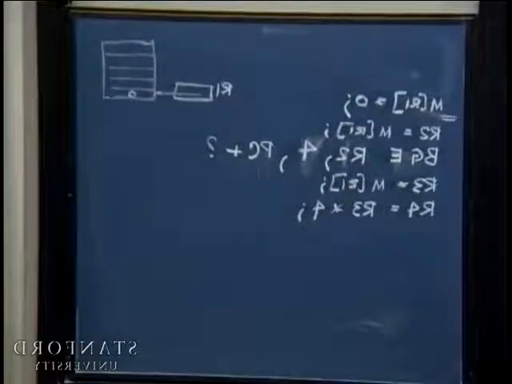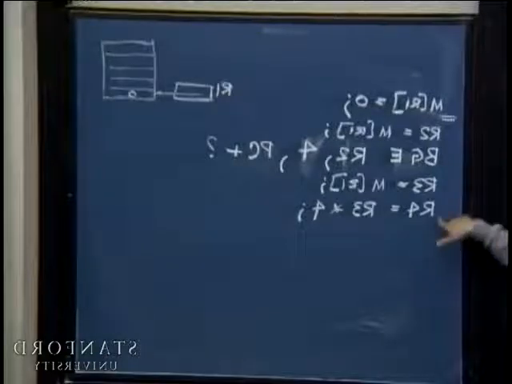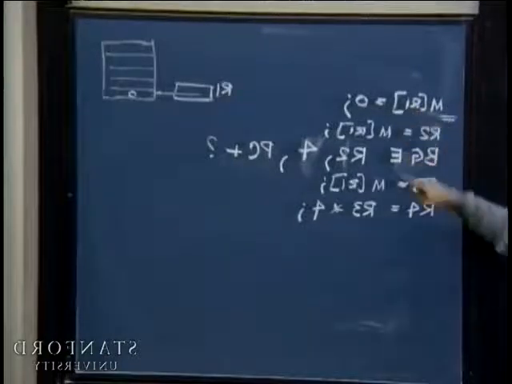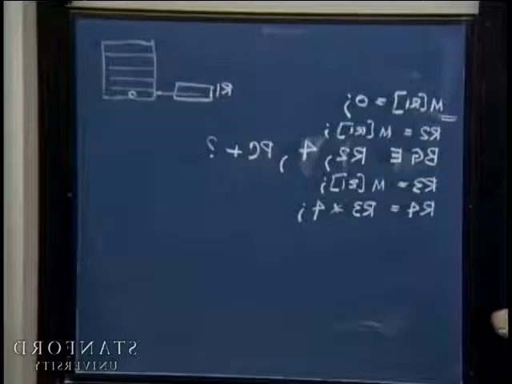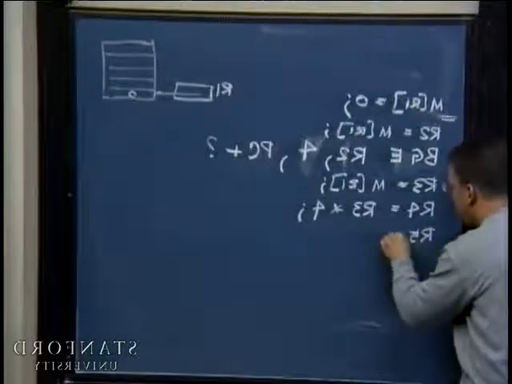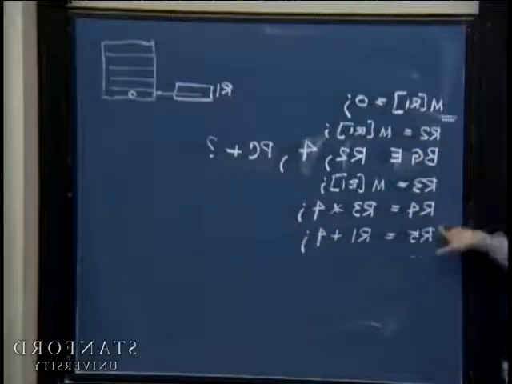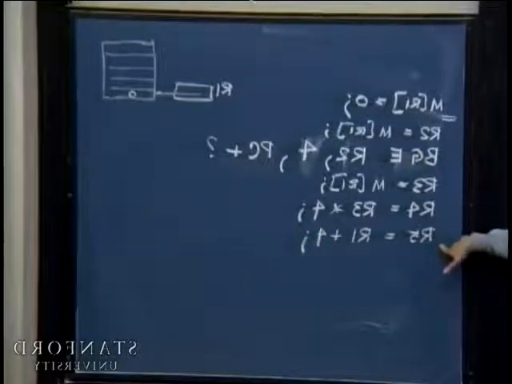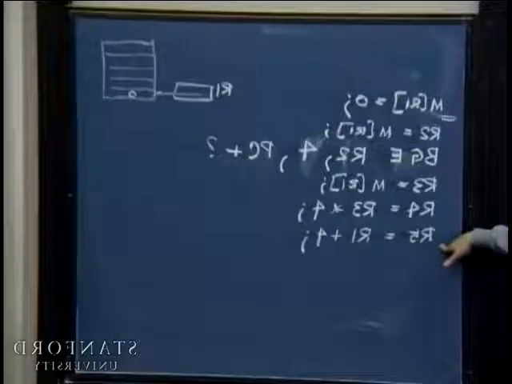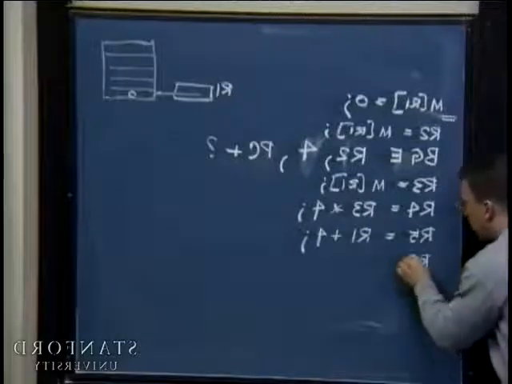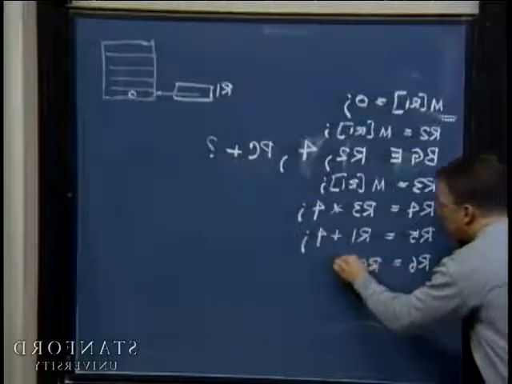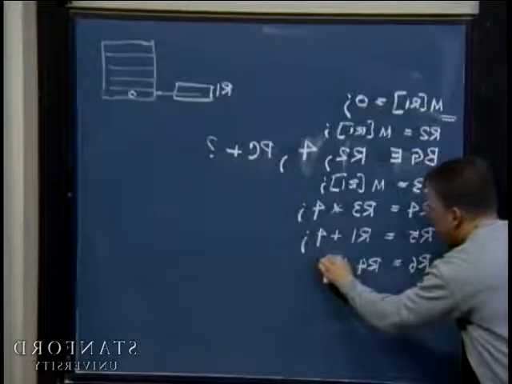So the ampersand of array of 0, which is synonymous with just plain old array, it is synonymous with R1 plus 4. So I'm going to do this. This stores the offset. This stores the base address of the entire array. R6 is equal to R4 plus R5.